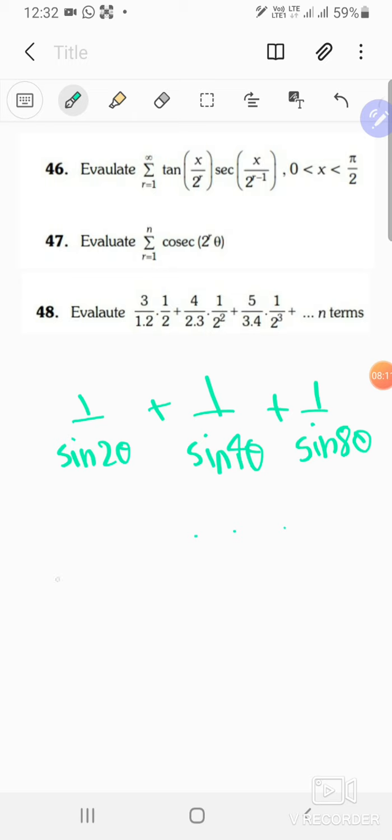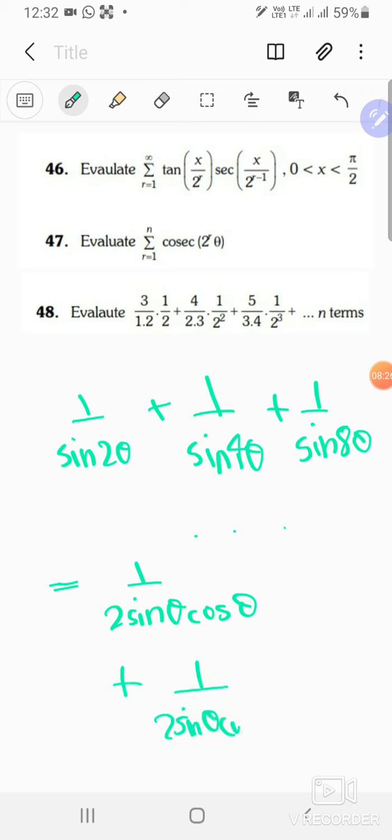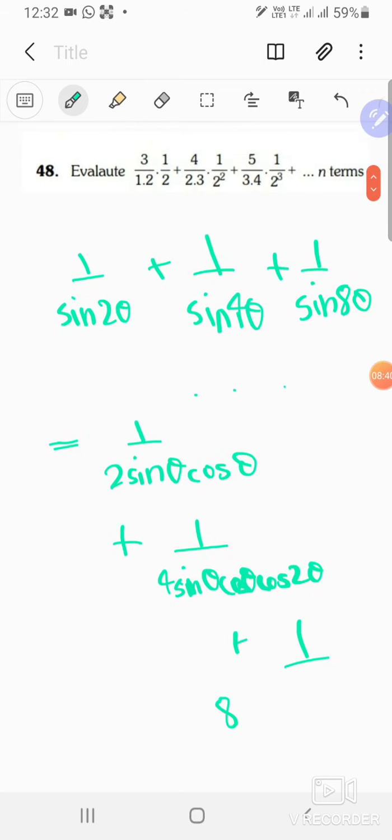And this reminds me that there is a powerful identity which we can use over here, which is 1 upon 2 sine theta cos theta plus 1 upon, actually not 2 exactly, it's supposed to be 4 sine theta cos theta and cos 2 theta. Okay, that's nice. Plus 1 upon 8 sine theta cos 2 theta all the way till cos 4 theta. Okay, that's nice. So what can we do with that now?